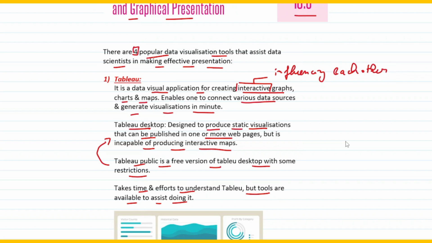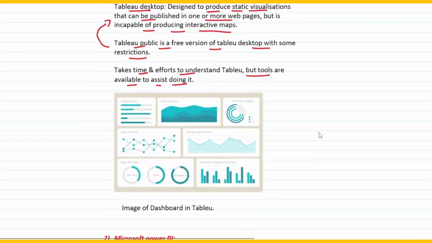Tableau Desktop produces static visualizations that can be published in one or more web pages, but it is incapable of producing interactive maps. So if someone asks you the difference between Tableau and Tableau Desktop, the first one is more interactive, whereas the desktop is more static. Fine. Tableau Public is a free version of Tableau Desktop with some restrictions. It takes time and effort to understand Tableau, but tools are available to assist in doing it, right?